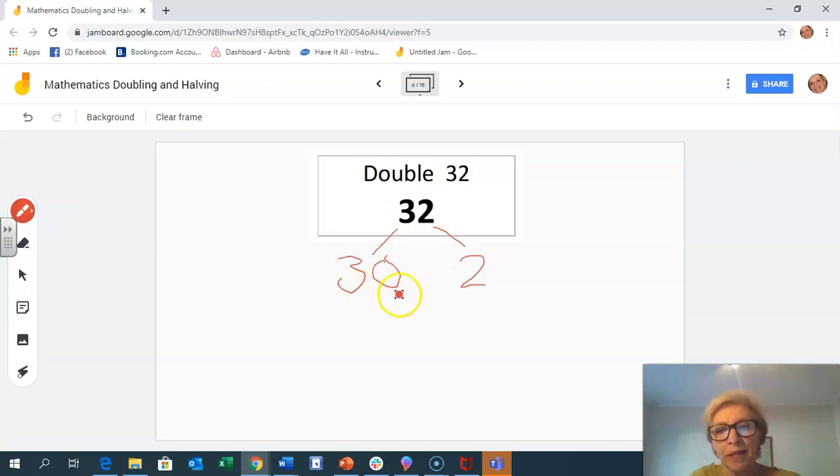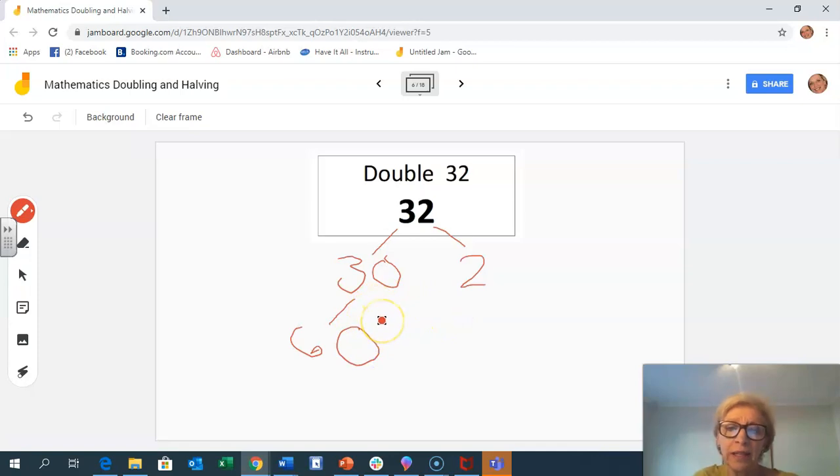Now, why have I split this? I've split this number because it's easier to double them when they're split. Right, so there we go, 30 doubled. Well, 30 plus 30 is 60.